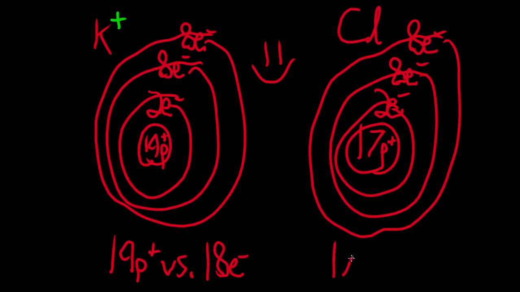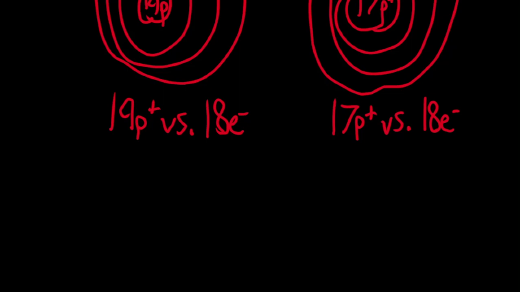My chlorine's going to have 17 protons versus 18 electrons. So it is going to have a negative charge now. All right, and because opposites attract, the potassium and the chloride, I should say, are now going to be able to combine to form potassium chloride, or KCl.